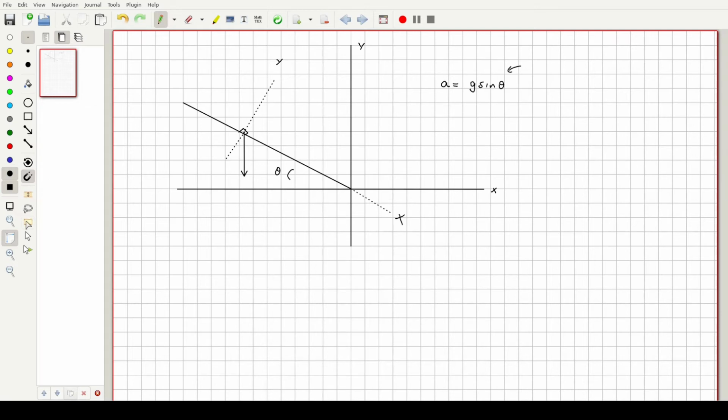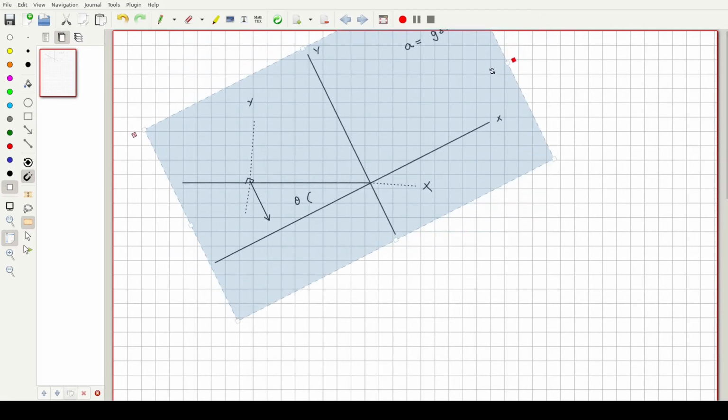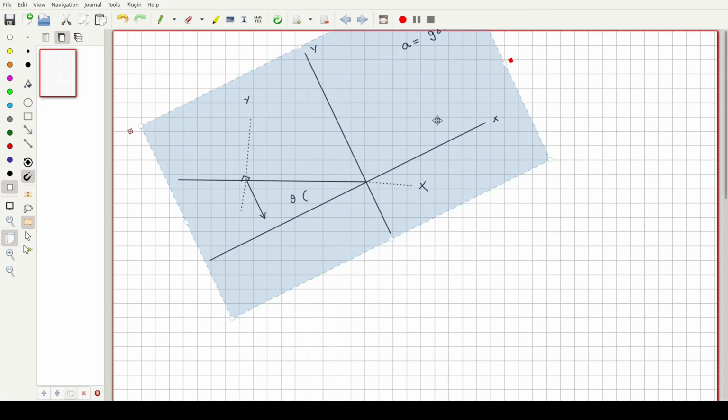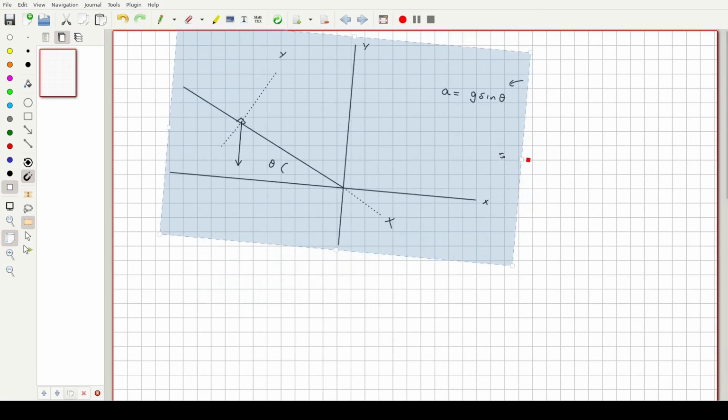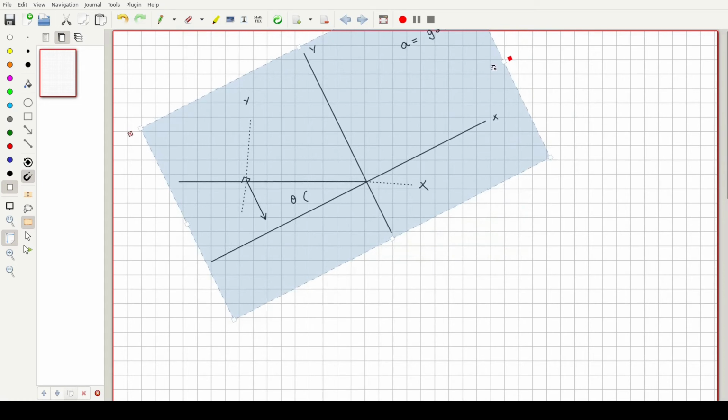If I were to rotate my coordinate system like this, then I can use the y-axis here and the x-axis here. And what I do is I turn what would be a complicated two-dimensional problem into a one-dimensional problem that's pretty easy to do.